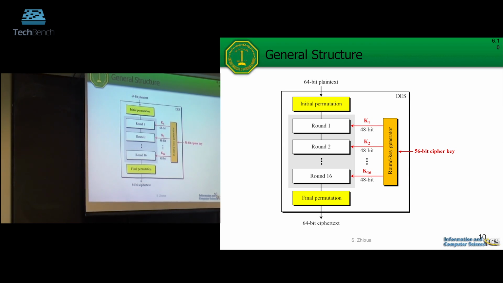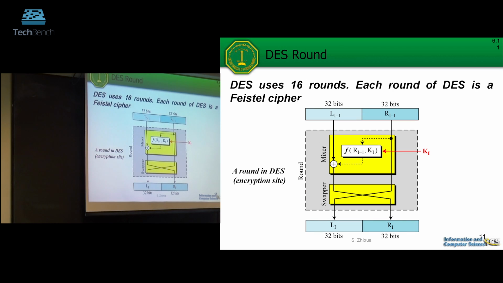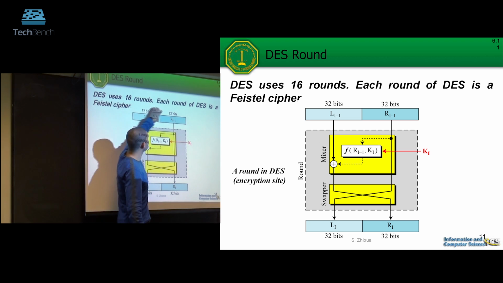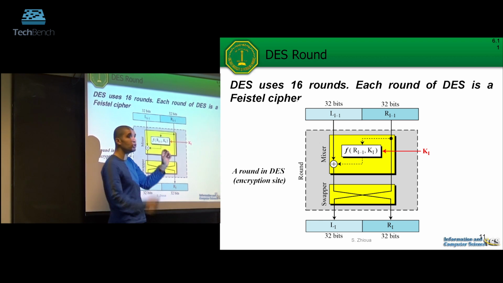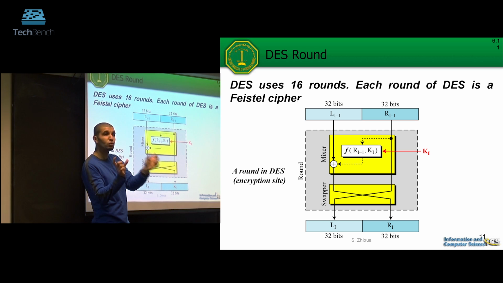Now the rounds, the 16 rounds inside. DES uses 16 rounds. Each round of DES is a Feistel cipher. So in every round, you take the 64 bits of data as input and split it into 2 parts of 32 bits.